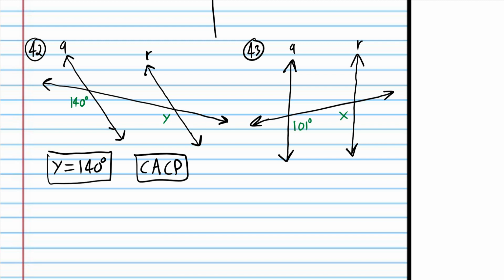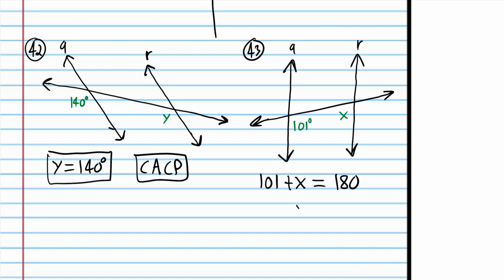All right, we're back. Now these are consecutive interior angles. We have to assume that those angles are supplementary in order for Q and R to be parallel. So we have to find x, assuming that 101 and x are supplementary. Supplementary means they add up to 180.